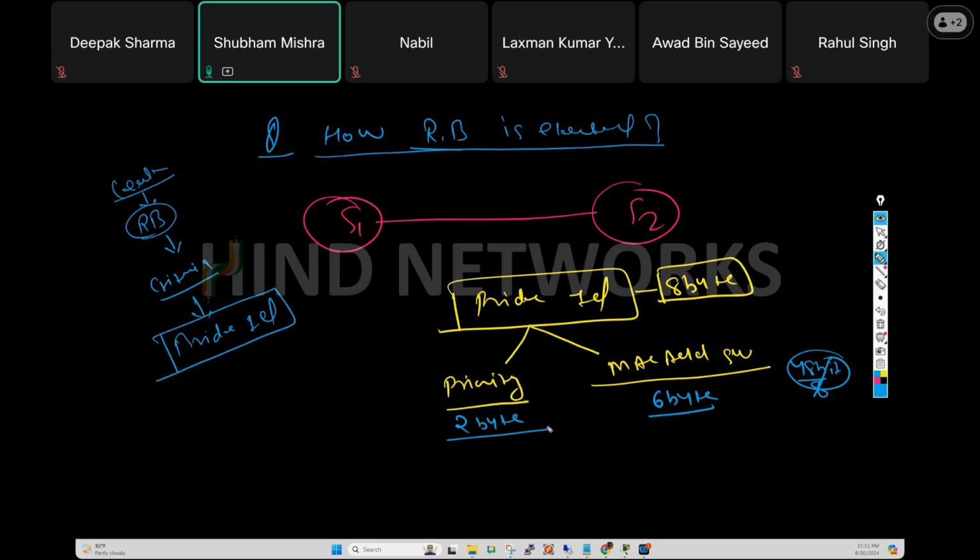Understand? So your bridge ID is made up of priority plus MAC address. Priority size is 2 bytes and MAC address size is 6 bytes. Now, you know the MAC address is fixed.